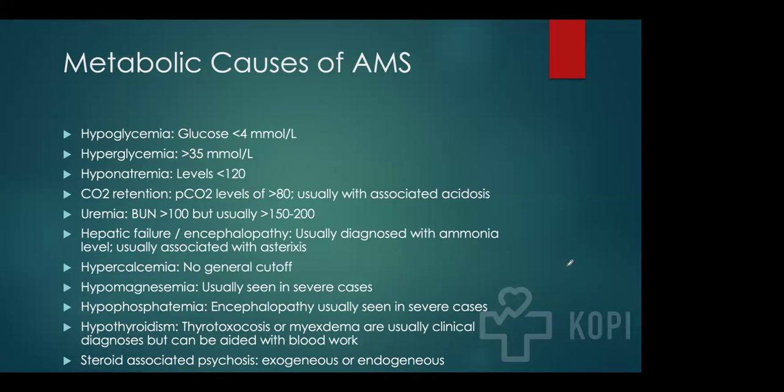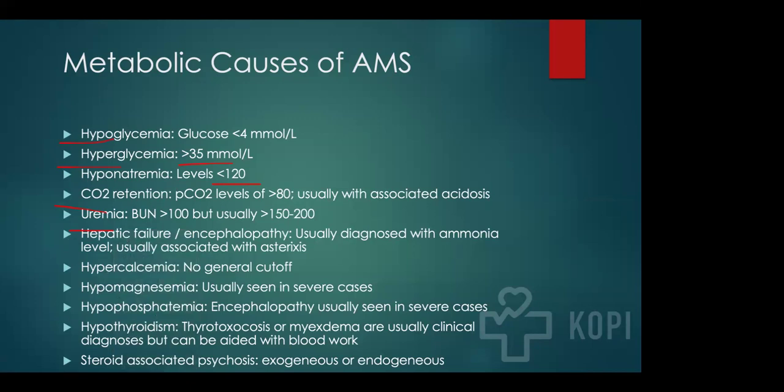There are so many different causes of metabolic derangements that can cause altered mental status. Remember that hypoglycemia can cause it. Hyperglycemia can cause hyperosmolar hypoglycemic state. So any glucose over 35 can cause altered mental status. Hyponatremia can cause altered mental status. Carbon dioxide retention can cause altered mental status. Uremia can cause altered mental status.